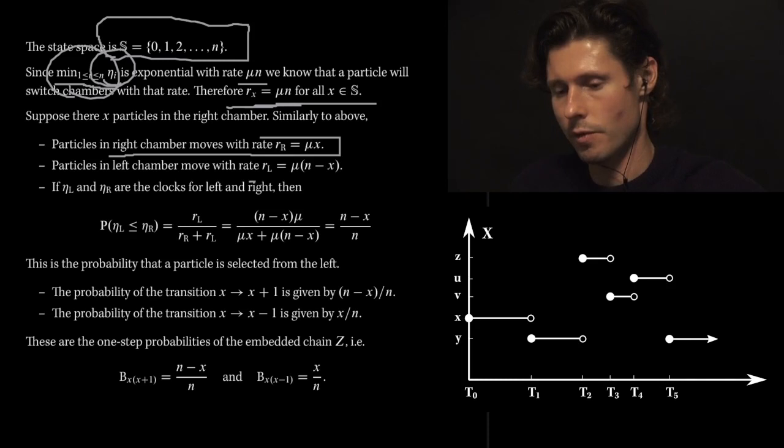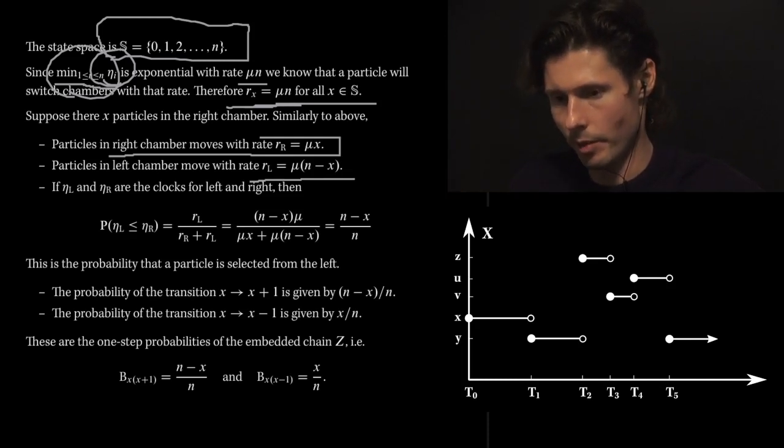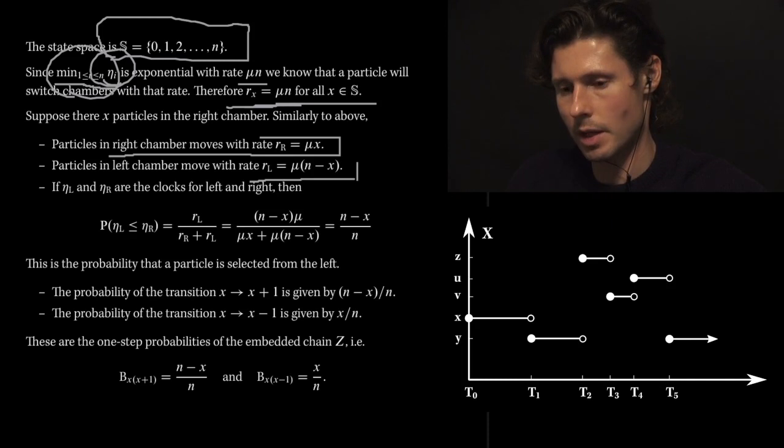Same logic for the left chamber. There are n minus x particles there. The minimum of their clocks, so we have n minus x clocks, each of rate mu, is going to be exponential with rate R_L equal to mu times n minus x. So same exact logic as up here.